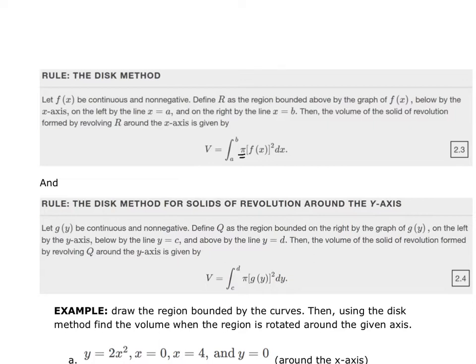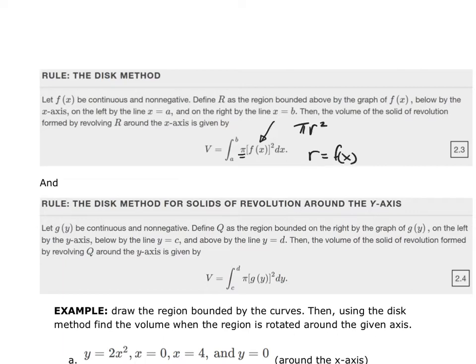So using the disk or slicing method, you're going to see it called both, what you're going to do is take the area, which happens to be a circle, so pi r squared, where r is your function.